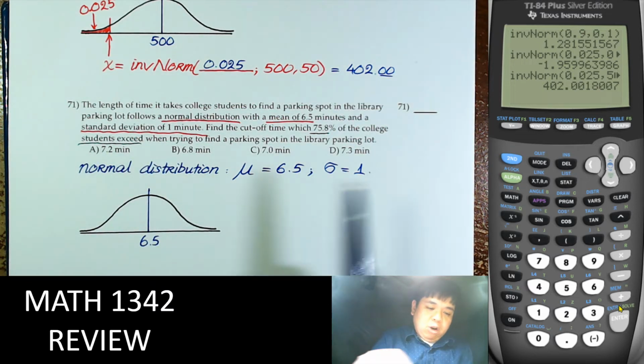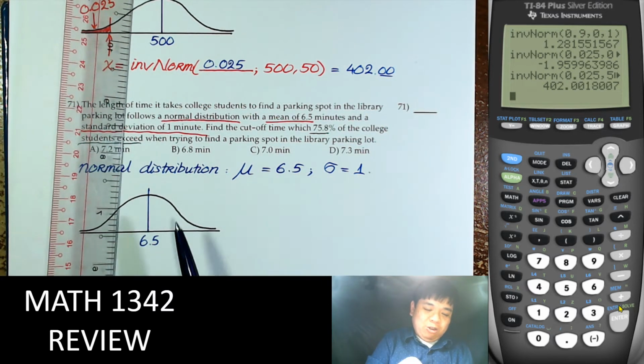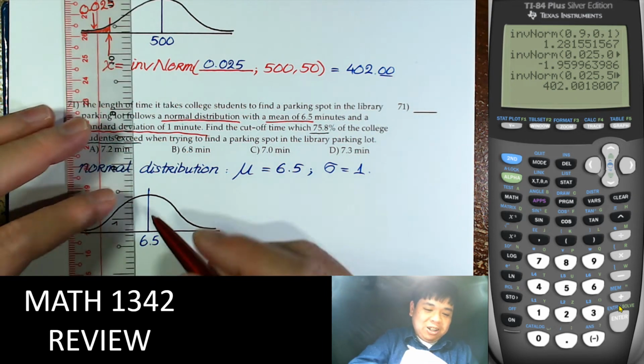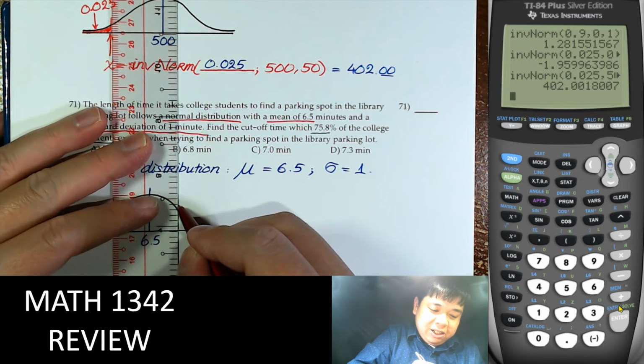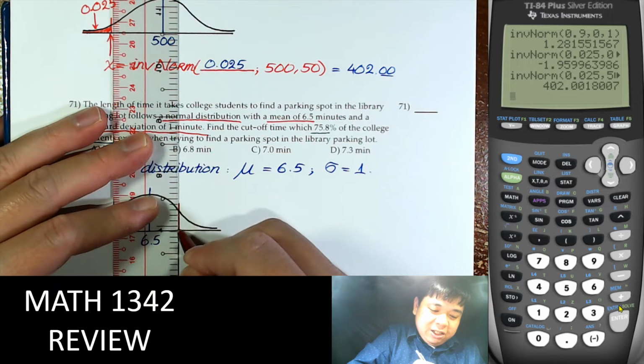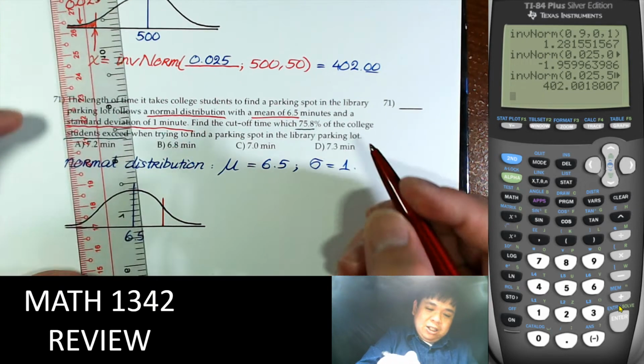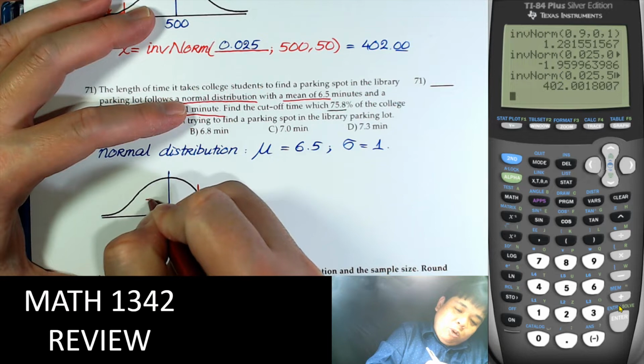So, of course, if we look at all of those numbers, that's all of them on the right side, so we know it's going to be on the right side, and it's going to be 75.8%.